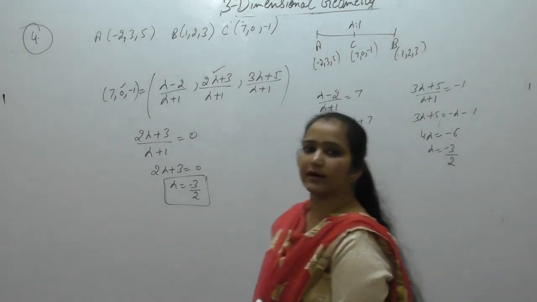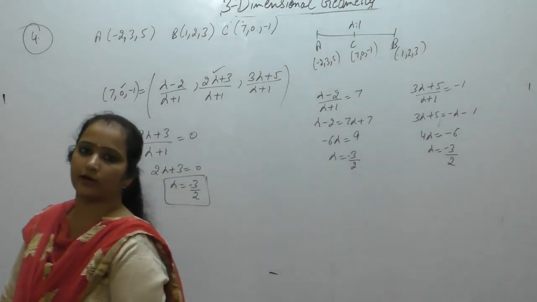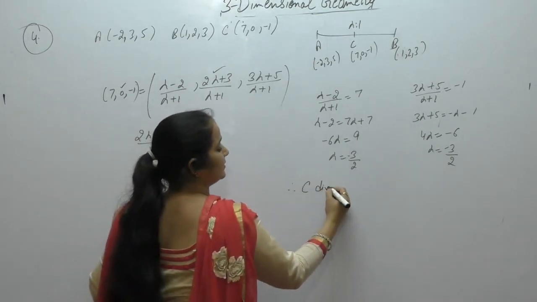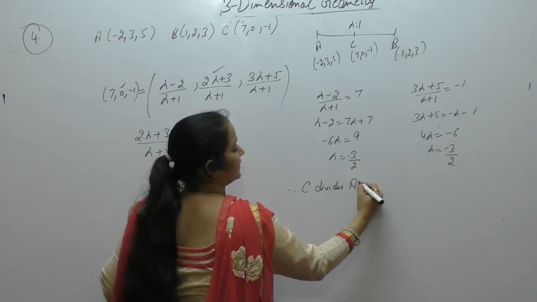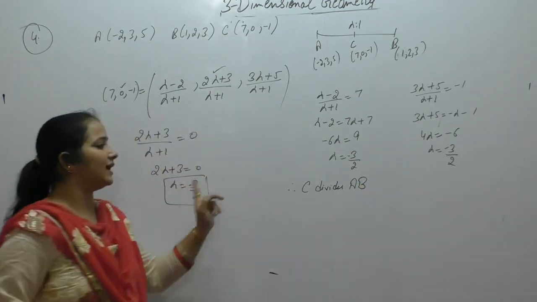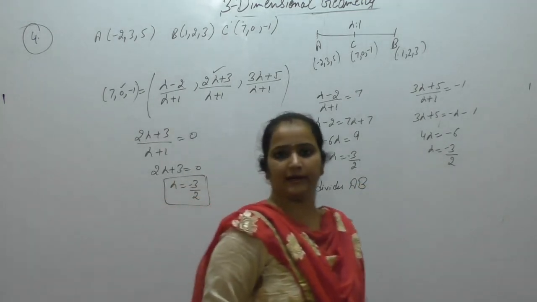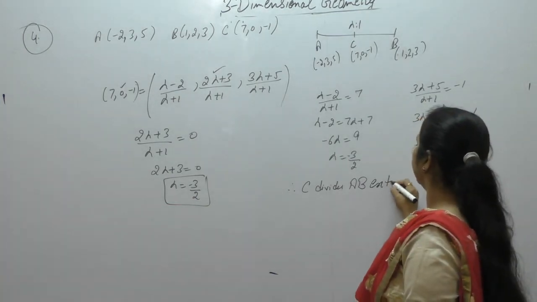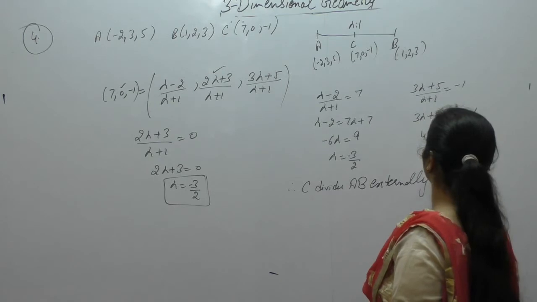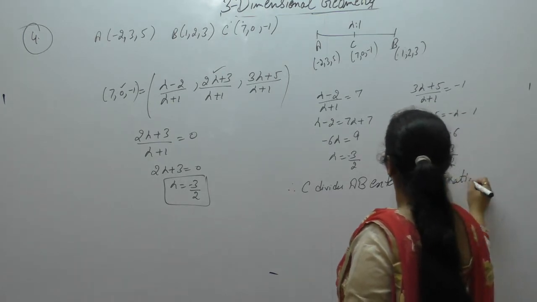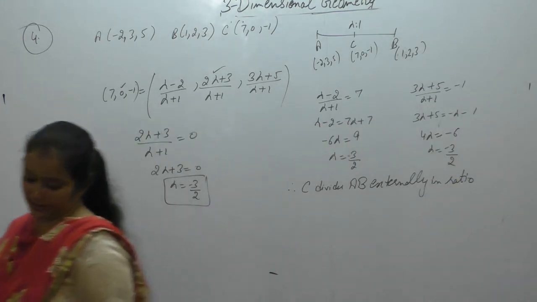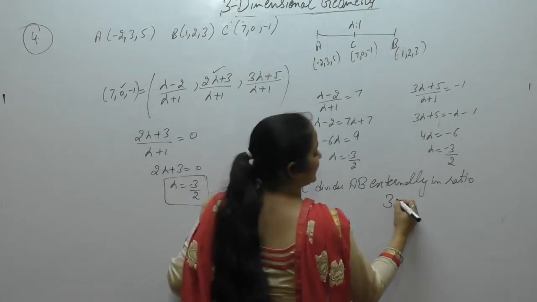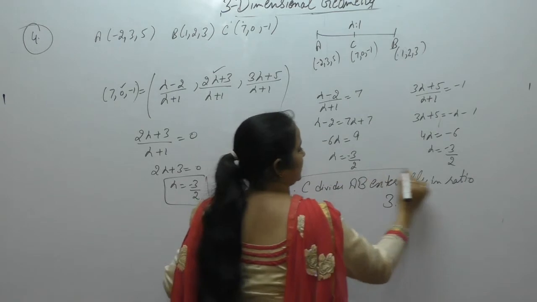Since all the coordinates are giving the same value of lambda, therefore C divides AB. Because the value of lambda is negative, it is dividing externally. C divides AB externally in which ratio? The value of lambda is 3/2, so it is divided externally in the ratio 3 : 2.